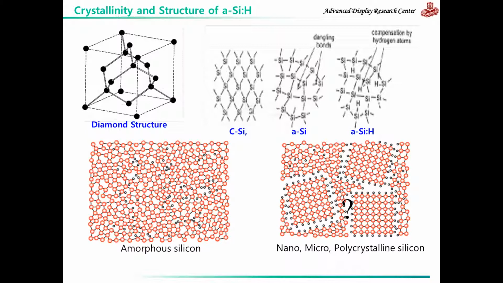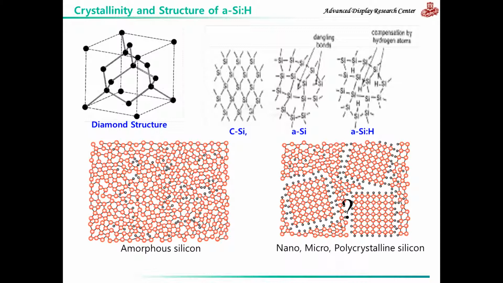And as you learned from the previous slide, these dangling bonds can be compensated by passivating the amorphous silicon film with hydrogen. Now, at the bottom left corner here, we have the structure of amorphous silicon. The big red dots indicate the silicon atoms, and the small open circles represent the dangling bonds.